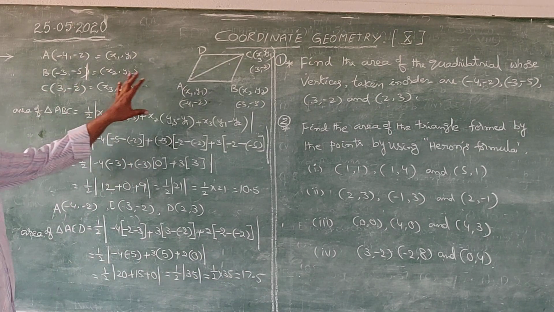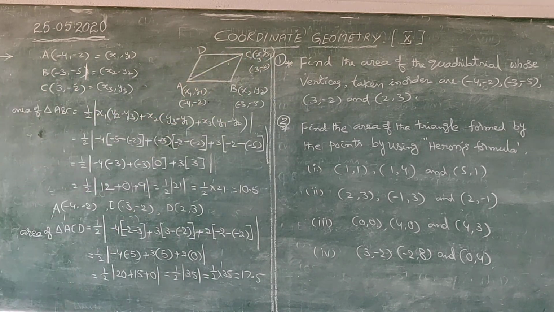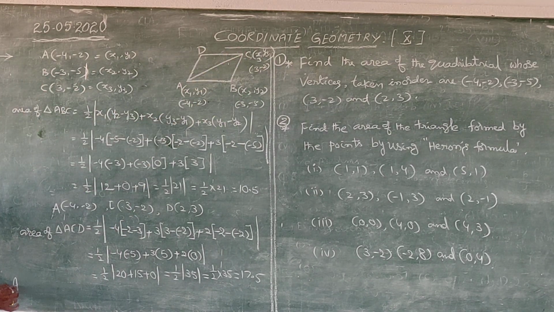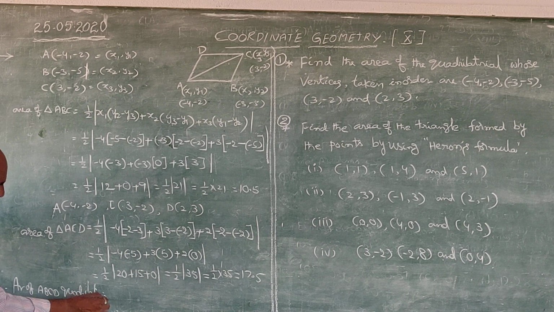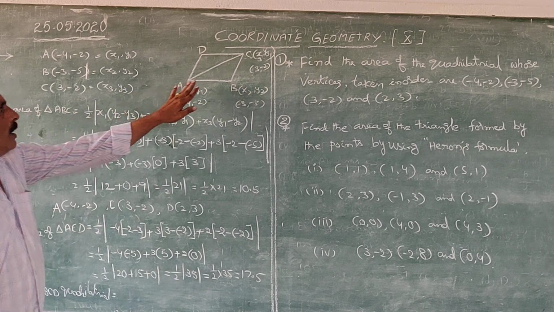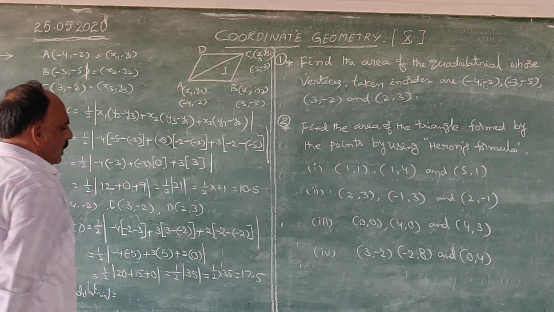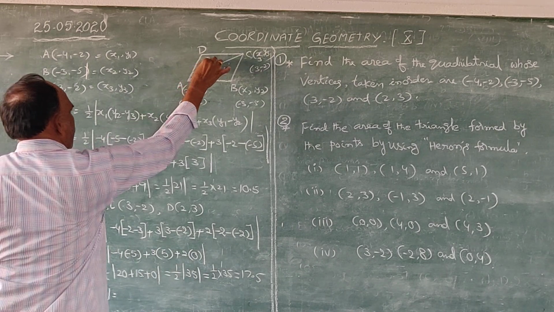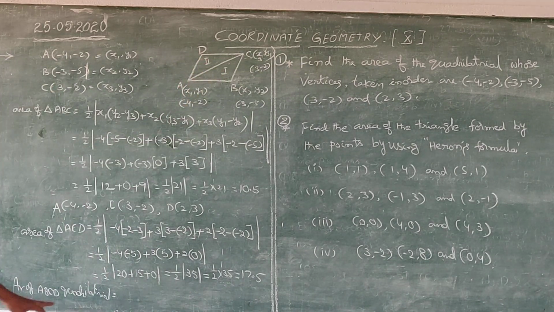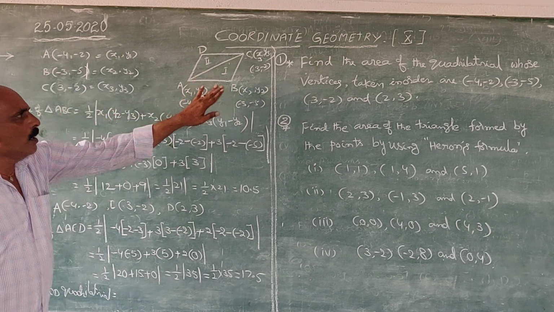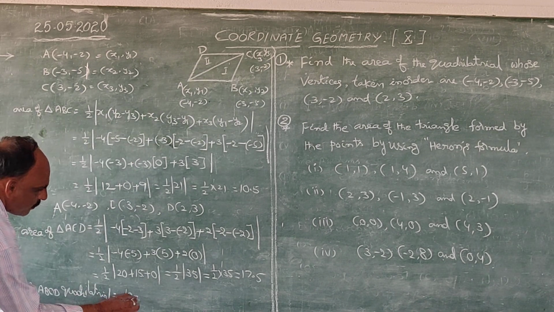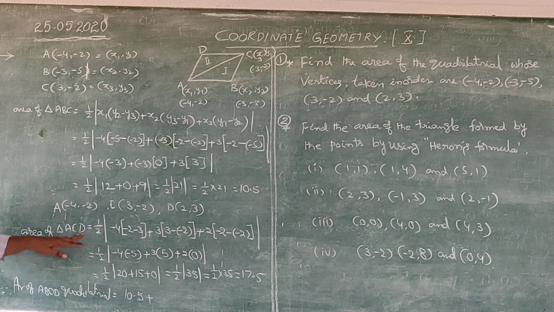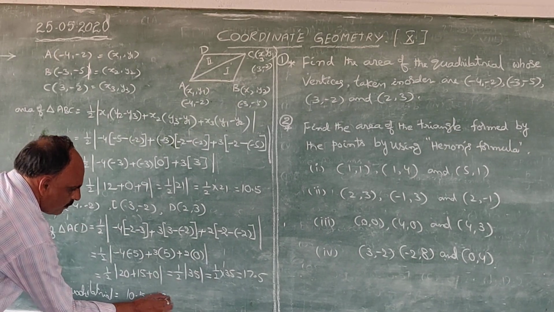Then the total area of quadrilateral ABCD is equal to the area of triangle ABC, the first one, and the second one, the area of triangle ACD. So the area of triangle ABC is 10.5 plus the area of triangle ACD, 17.5.